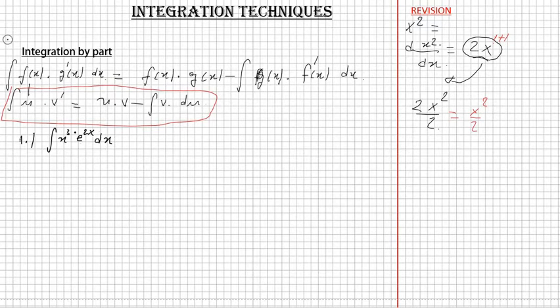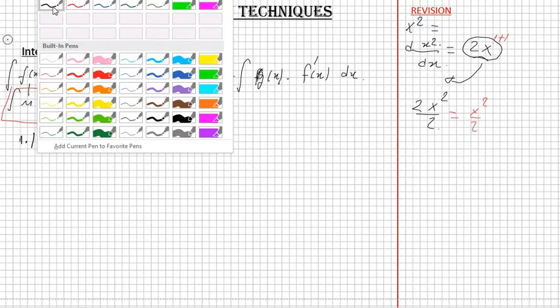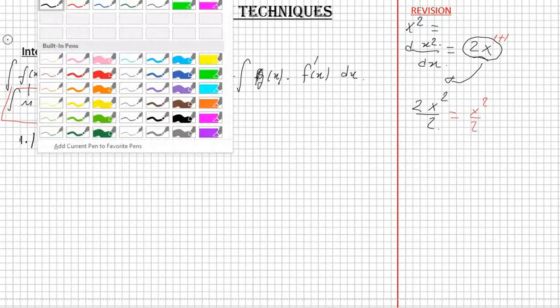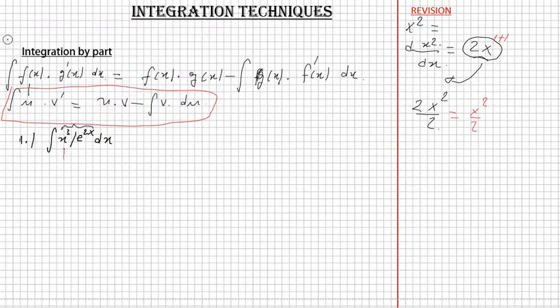All we need to do here is we have this function which is made of two separate functions. These two separate functions multiply each other. We can call this one u, that is the function u, and this one is called v dash, the derivative of a certain function.